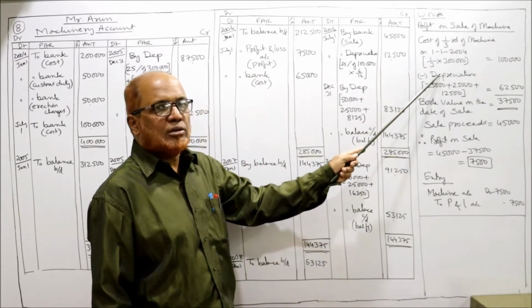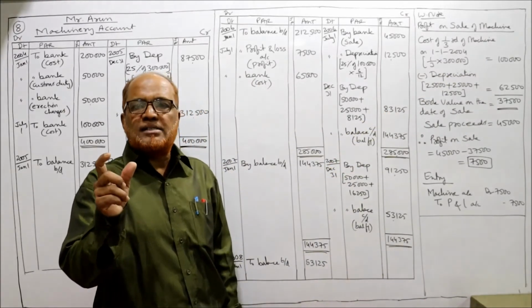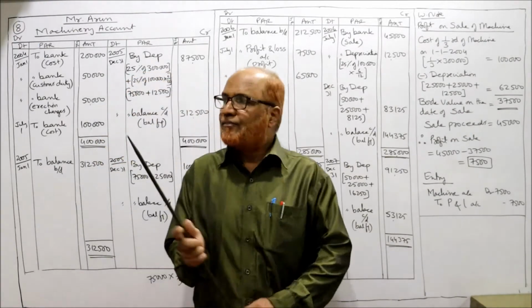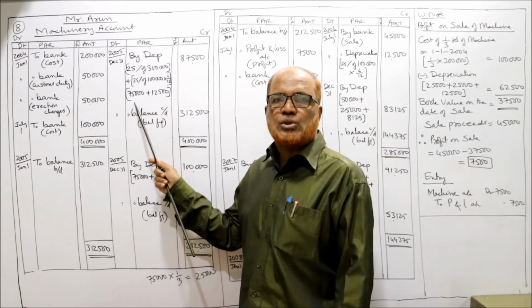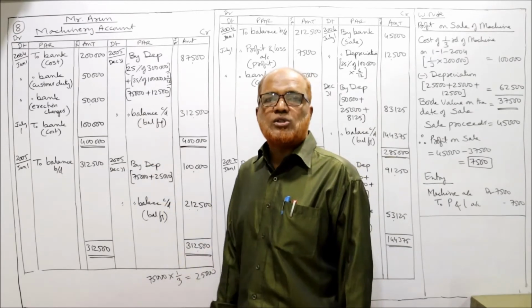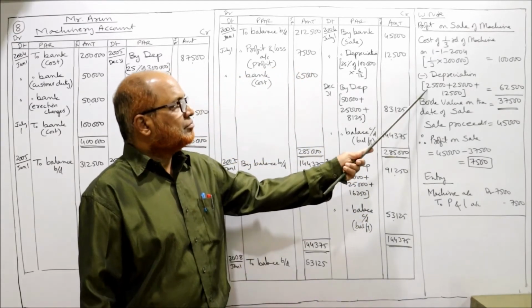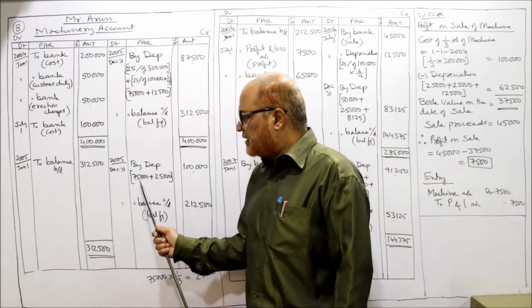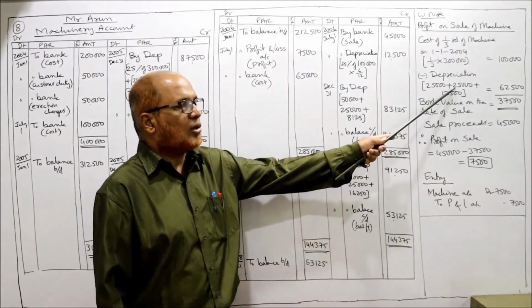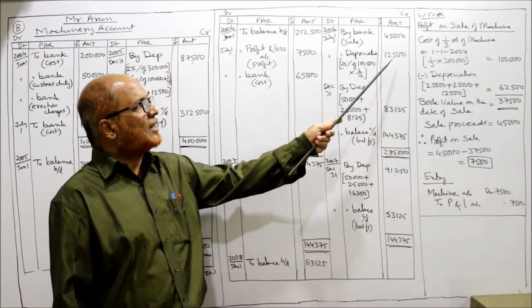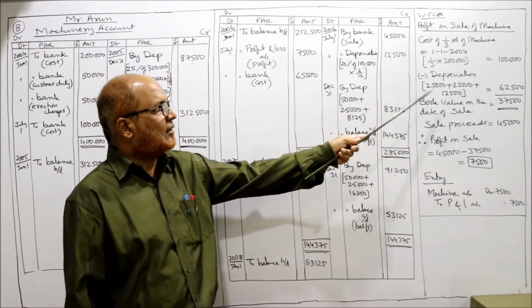Less depreciation. First year total depreciation 75,000. 1/3 of 75,000, 25,000. Second year also same 75,000, 1/3 of 75,000, 25,000. Third year for 6-month depreciation 12,500.